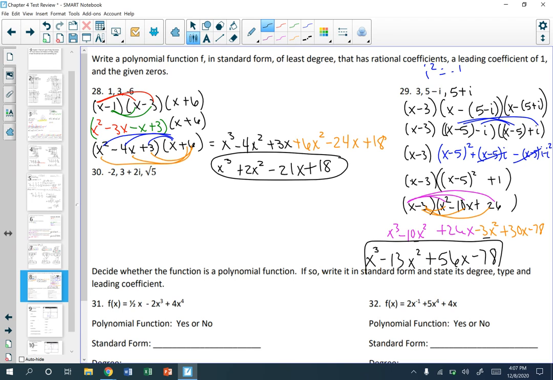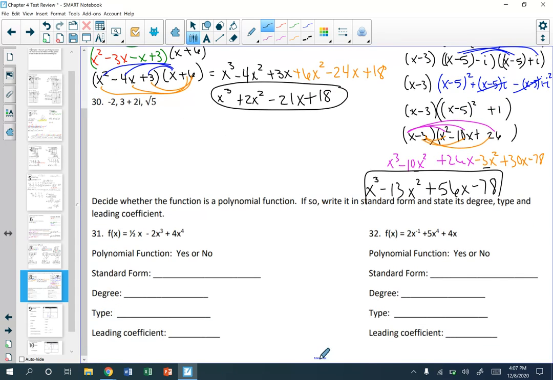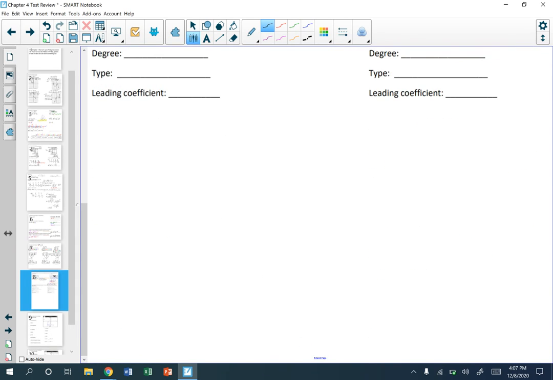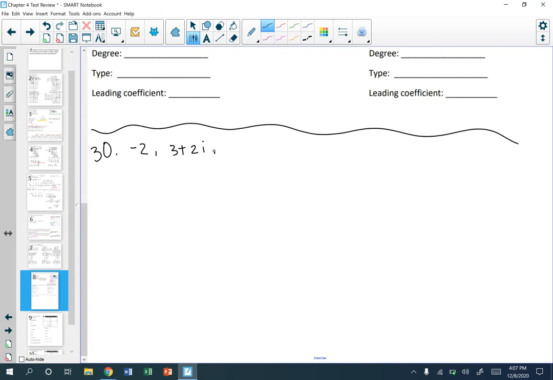All right, now number 30. I'm going to go ahead and write 30 down here because it's going to be a really long problem. So we have our zeros are negative 2, 3 plus 2i, and square root of 5. Now, whenever we see the 3 plus 2i, we also know that 3 minus 2i is a root, as well as negative square root of 5.